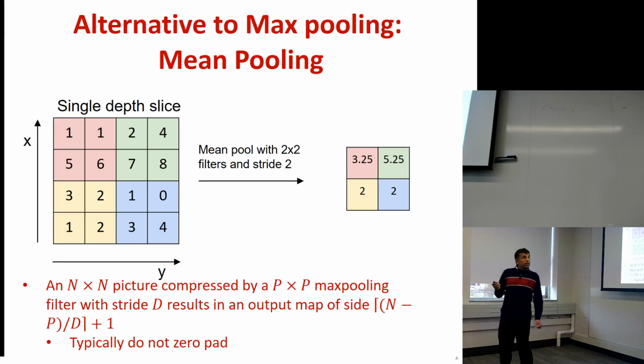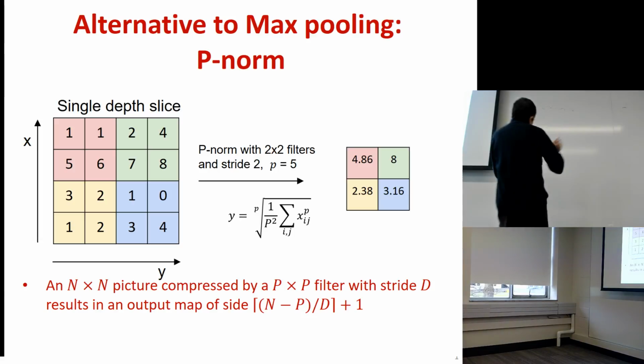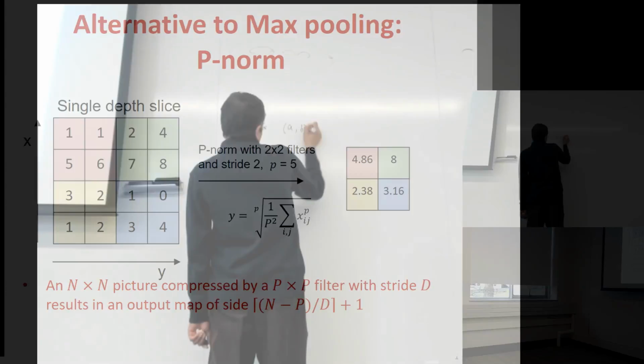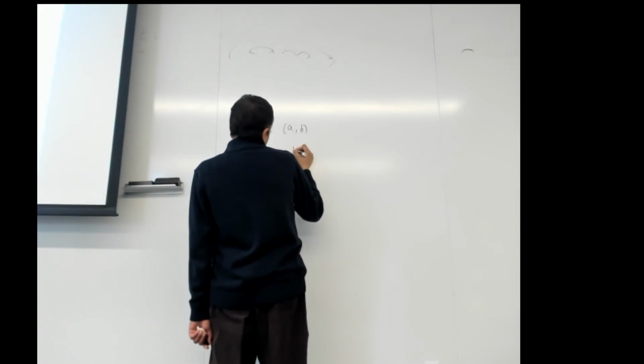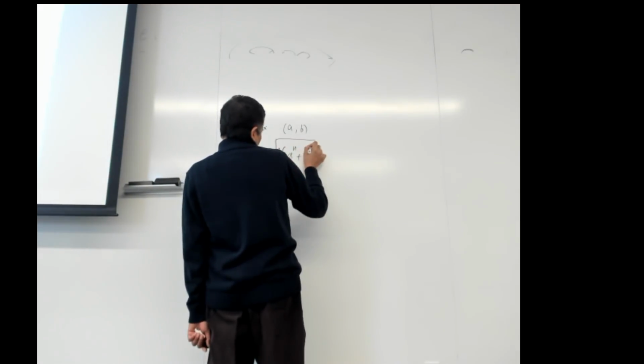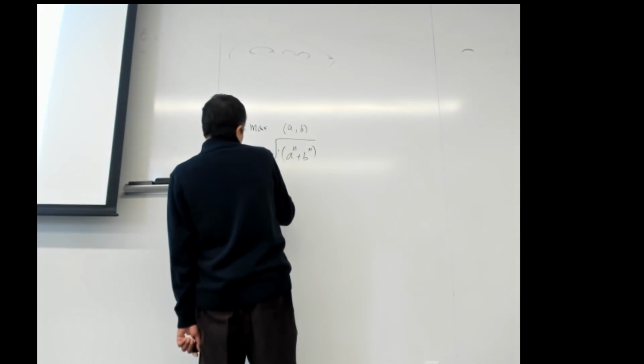Or you could be doing something even more different. You could be computing a p-norm. This is also fairly standard. Now remember that if I take the max of a and b, this is the same as a raised to n plus b raised to n, taken to the power 1 over n, for large n.